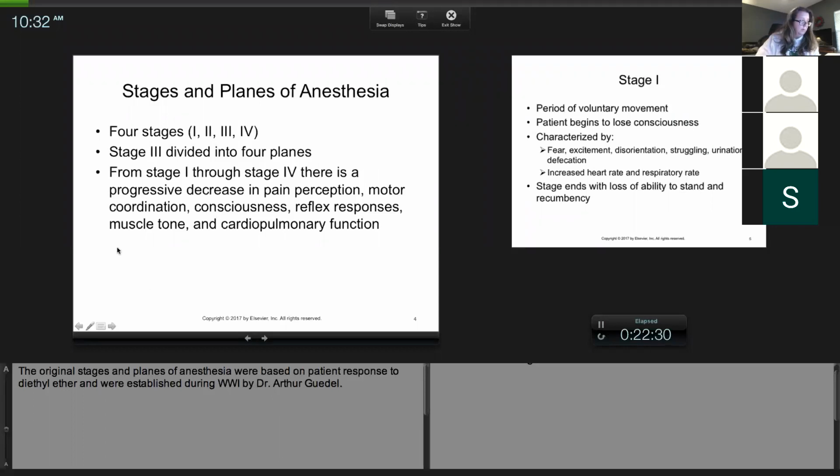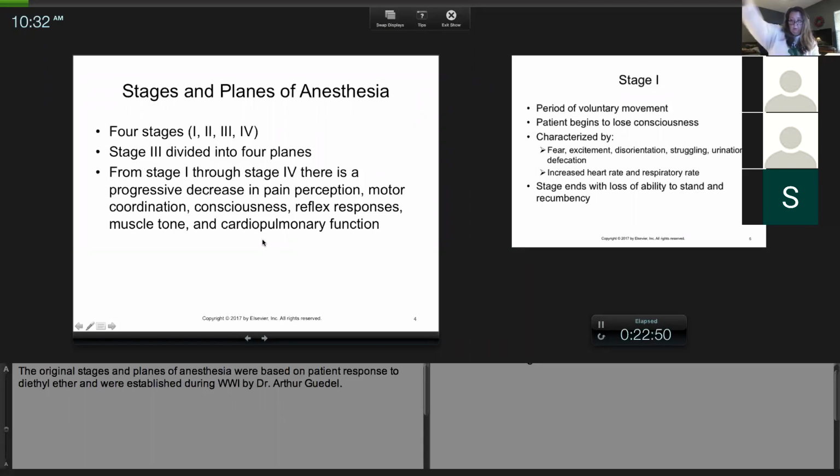Now, Miranda, this relates to what you said right here. From stage 1 to stage 4, there is a progressive decrease in pain perception, motor coordination, consciousness, reflex responses, muscle tone, and cardiopulmonary function.